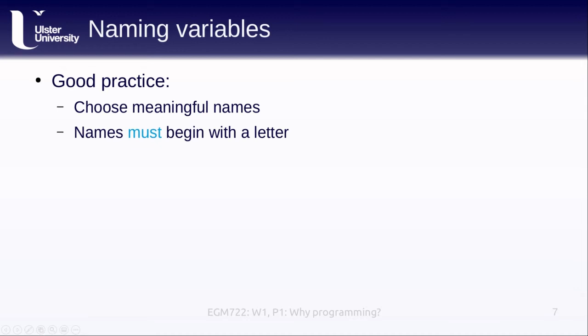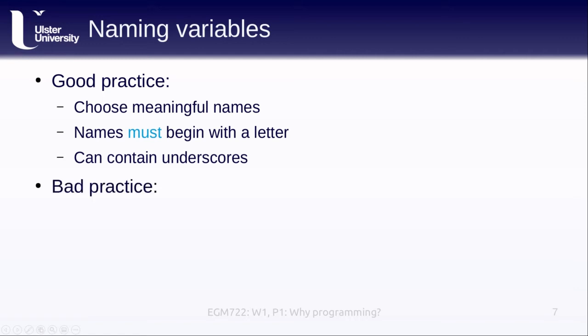They can begin with a letter or an underscore, but they cannot begin with things like numbers or other characters. Variable names can also contain underscores. These are usually used to indicate spaces. There are some other uses for them that we will talk about a little bit as the module goes on, but for now just think of them as something that replaces a space.